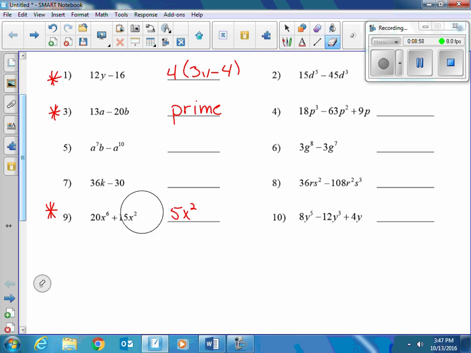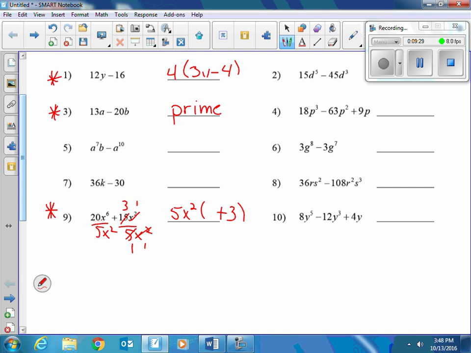So that begs the question, what's going to be left over in my prime polynomial? Well, let's go ahead and divide out the 5x squared, just to see what's left over. x squared and x squared cancel to 1. 5 and 15 cancel to 3. So that's going to be a 3. The plus stays, so let's look over here.